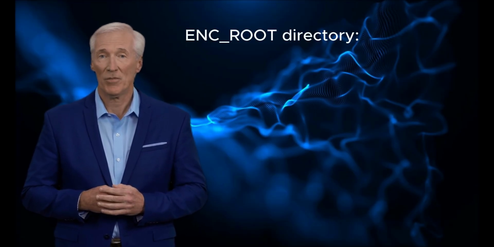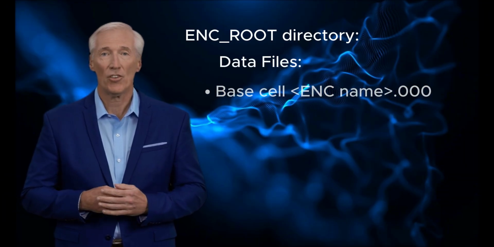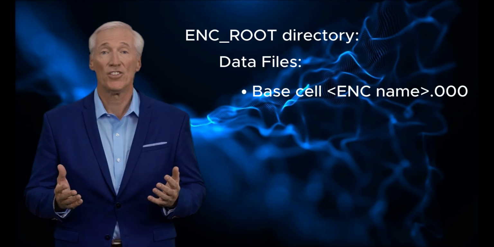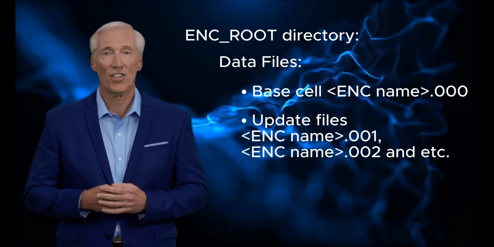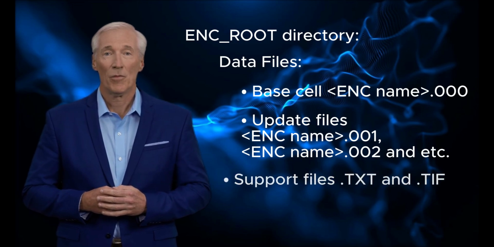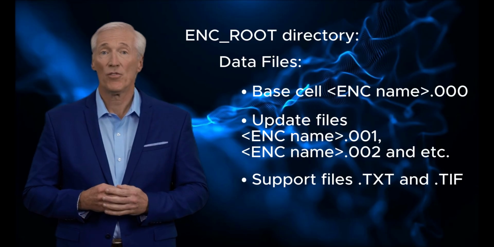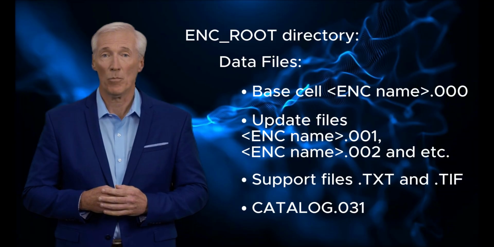What an exchange set includes: a folder named ENC_root, data files, the main chart file, base cell with the .000 extension, update files, .001, .002, etc. Support files, .text, .tif if available, a catalog file, catalog .031.